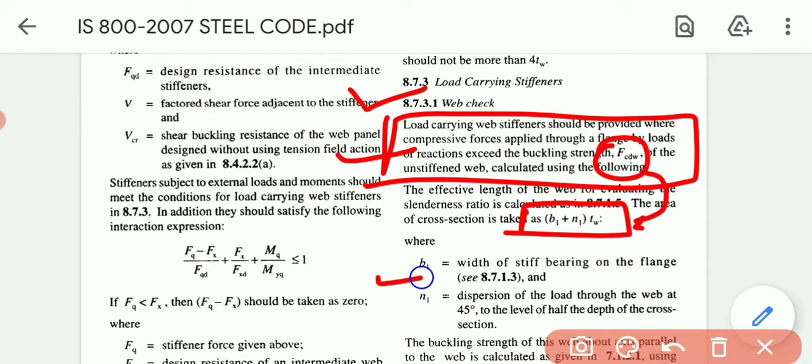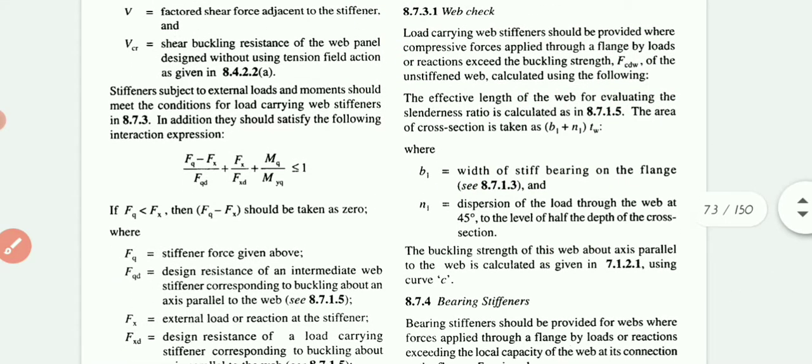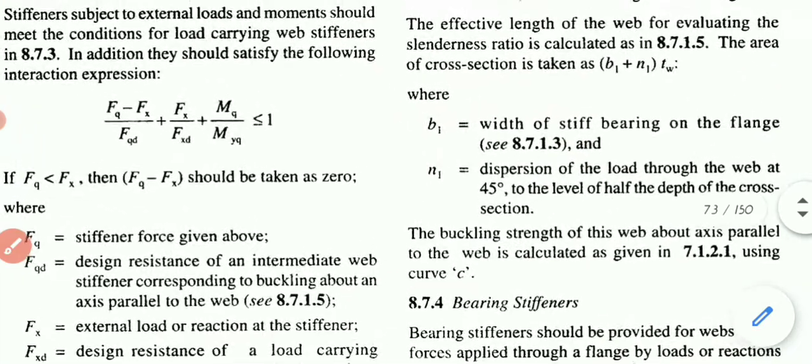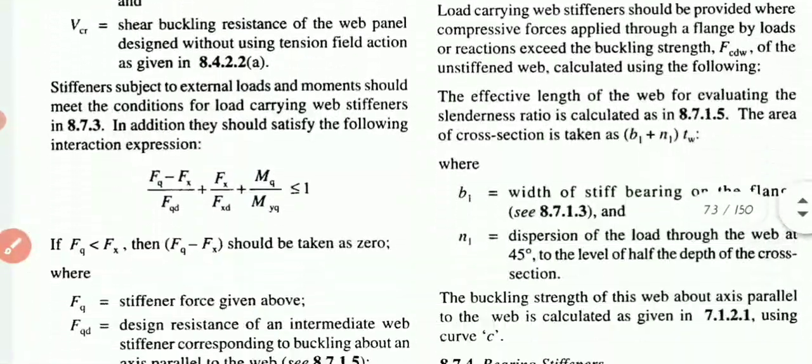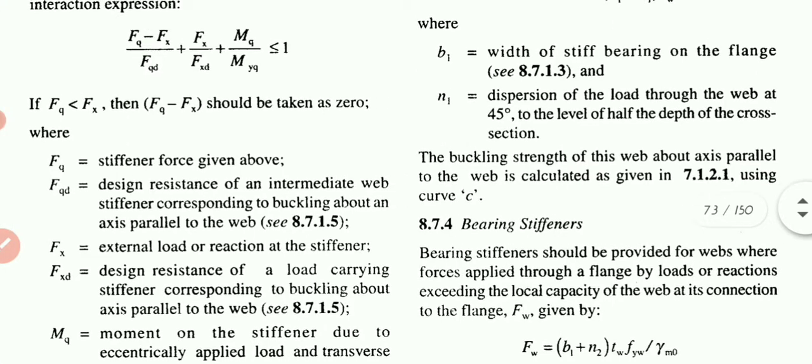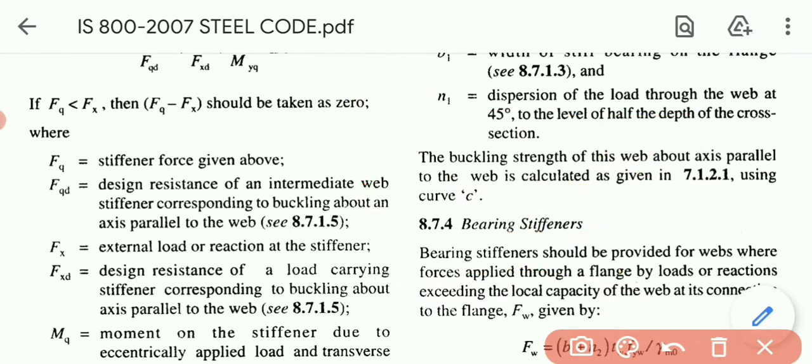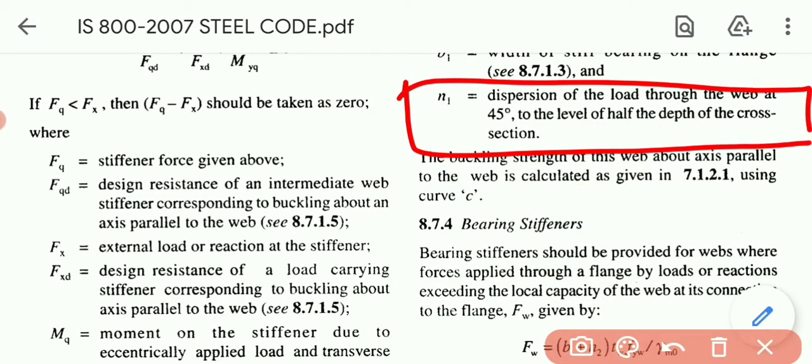B1 is the width of the stiff bearing length on the flange, and N1 is the dispersion of the load through the web at an angle of 45 degrees to the level of half of the depth of the cross section. I have shown this figure in our material, and I will explain that one over there.